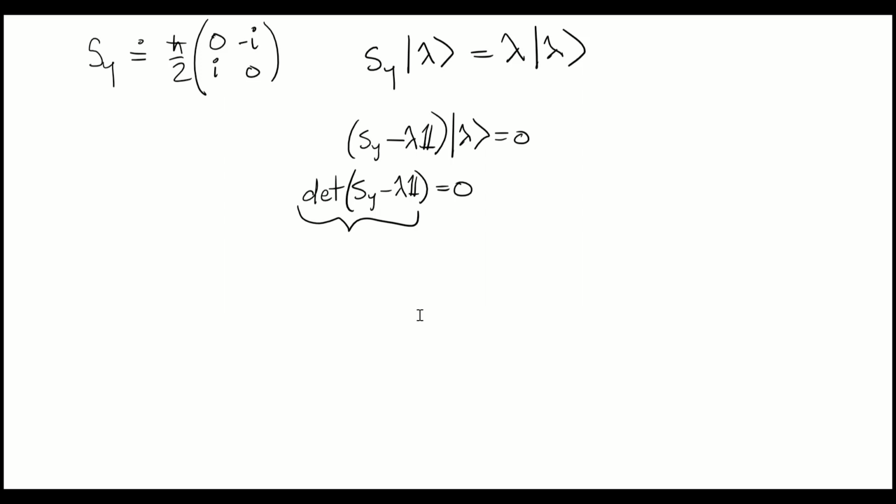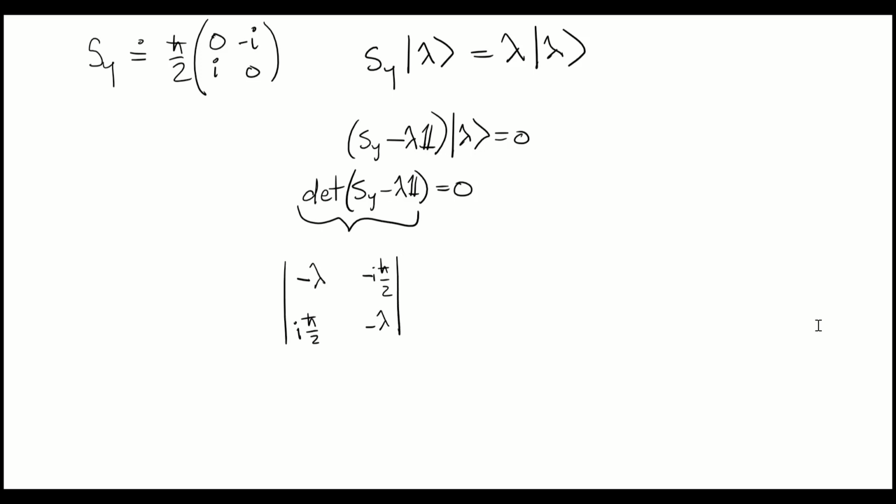We have to take that determinant. How do we do that? Well, this matrix ends up being negative lambda, minus i h bar over 2, h bar over 2 i, minus lambda.